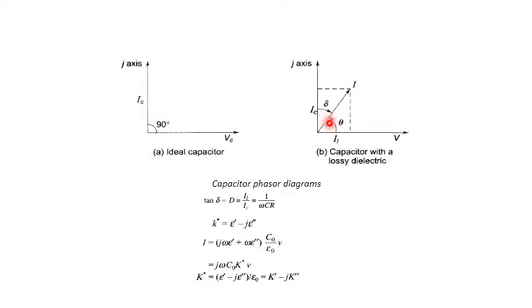This is the total angle theta. The loss angle delta is equal to 90 minus theta. This is the phasor diagram for the ideal capacitor with a lossy dielectric.